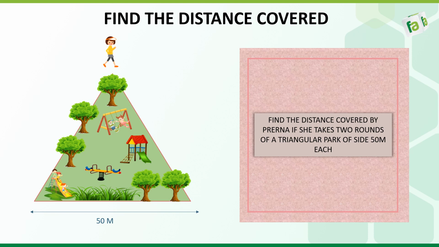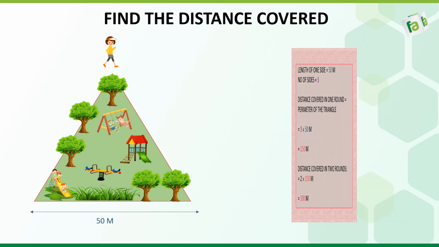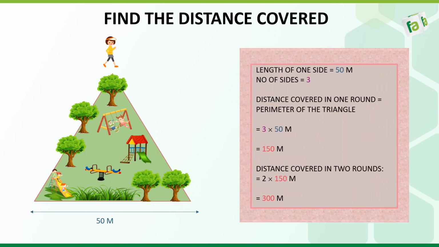Find the distance covered by Prerna in one round first. So, length of one side is equal to 50 meters. Number of sides is equal to 3. As you can see, 1, 2 and 3.